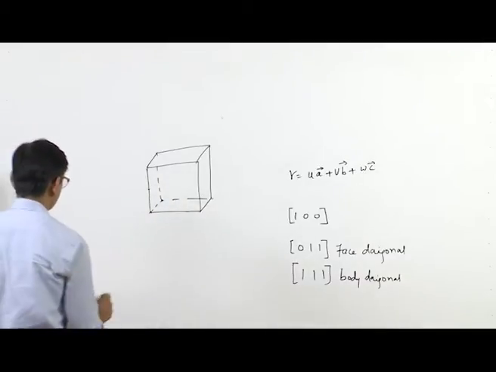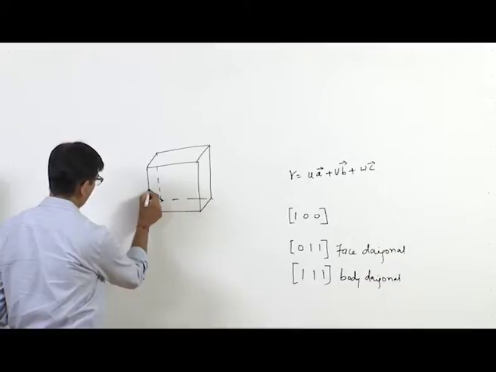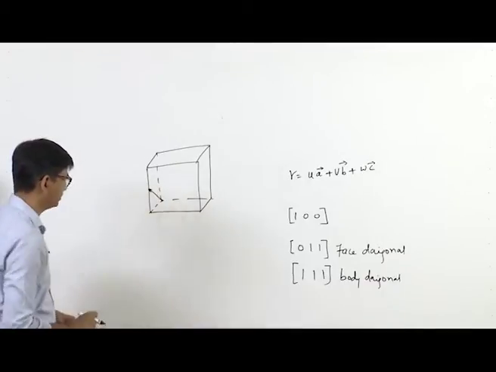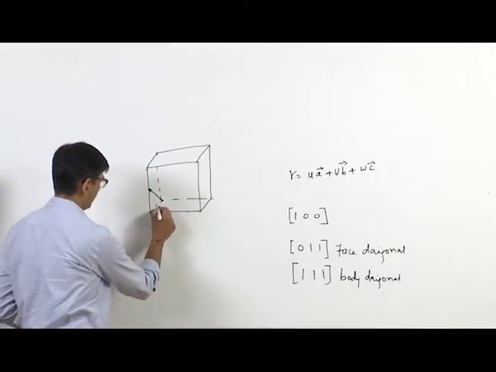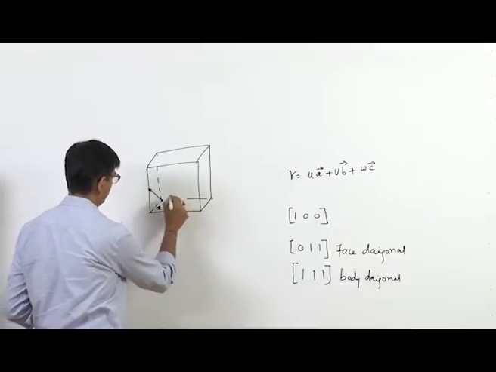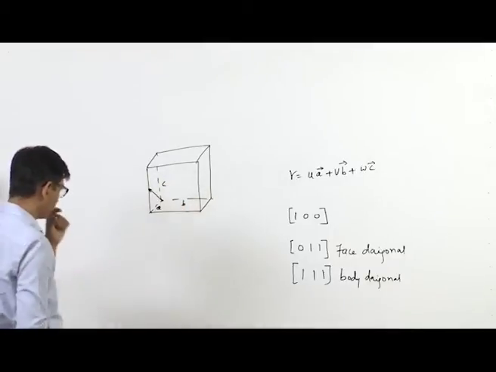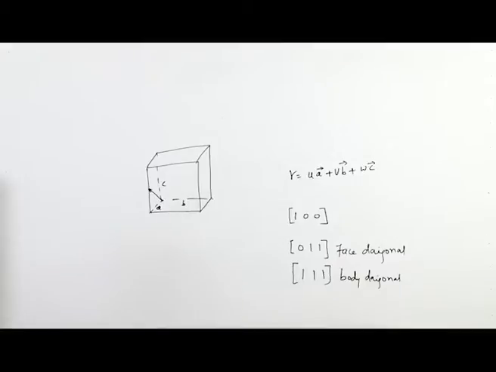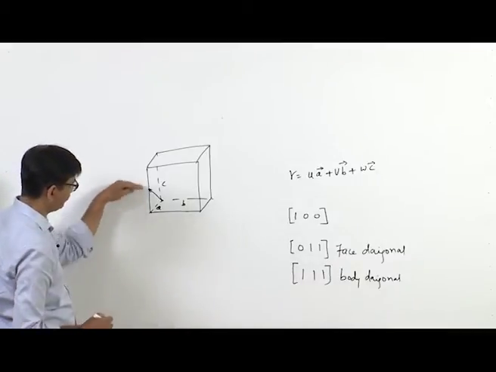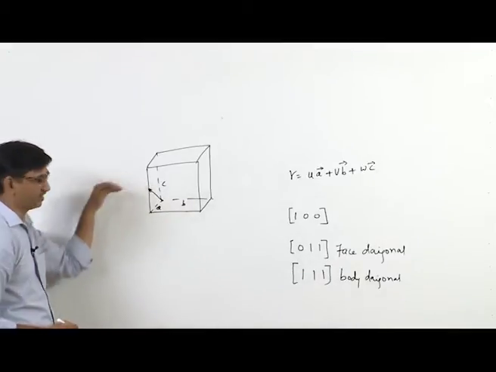So, this is my direction, starting from 0. This is again my A, this is B, this is C, this is origin. Now, I am going half in the C direction.